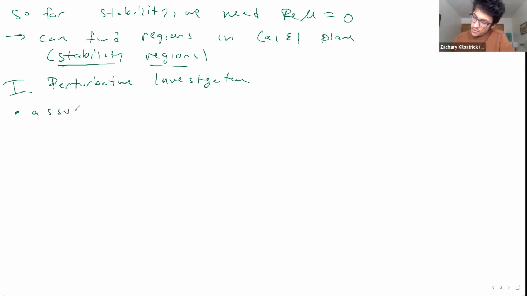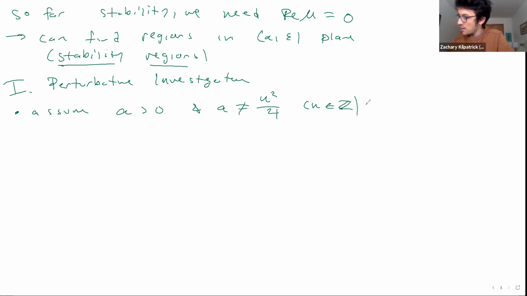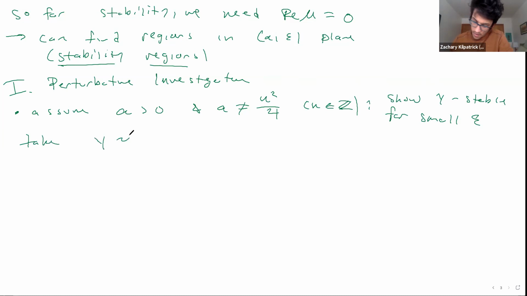And we're going to start by assuming that A is greater than 0 and A is not equal to n squared over 4 for n some integer. And we're going to show that y is stable for small epsilon, okay? And we're going to take a regular perturbation expansion. Y is approximated by y0 plus epsilon y1 plus epsilon squared y2, and so on and so on, okay?